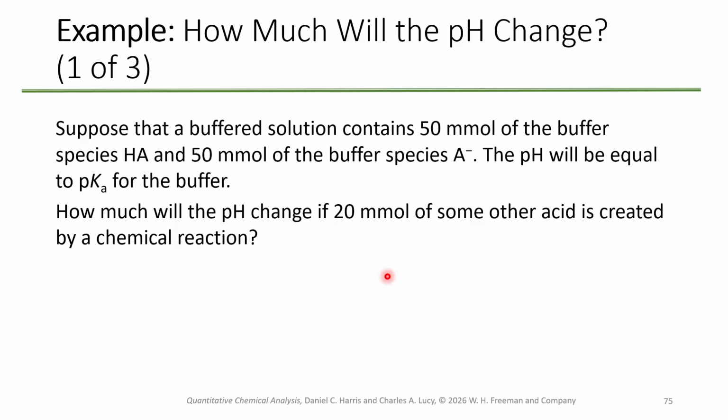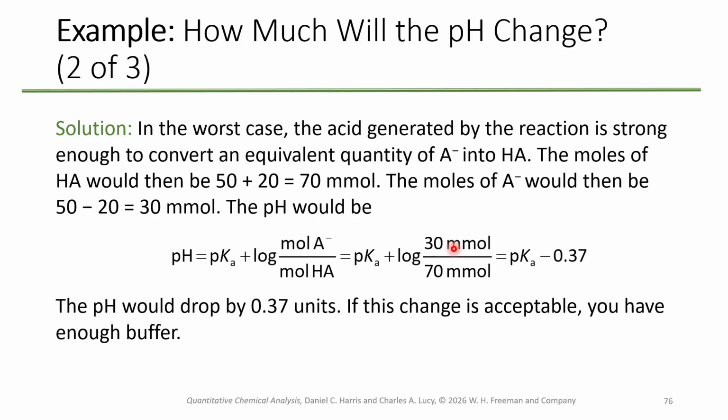So how much would that change if you added 20 millimole of some acid from some sort of chemical reaction? Again, our pH would equal pKa, so all we have to do is take the difference. We take 20 and add that to the acidic species because we added acid, and then it's going to reduce the base species by 20.